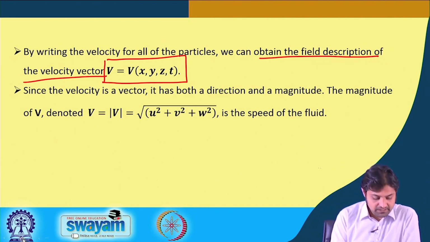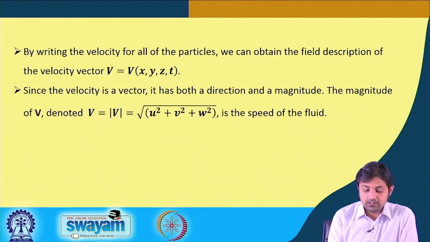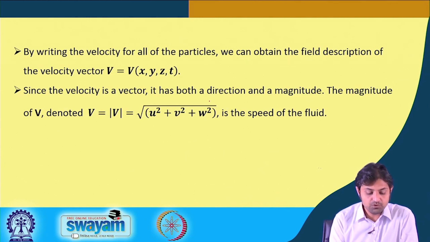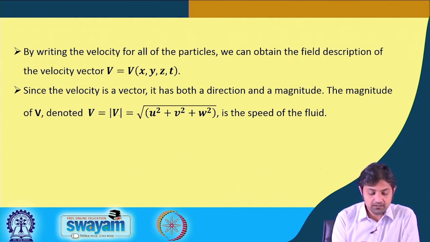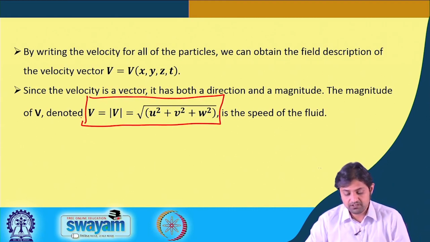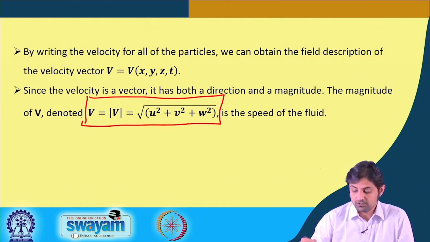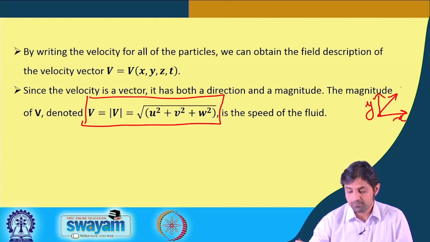Since the velocity is a vector, it has both a direction and a magnitude. This is the basic concept that you know from before. The magnitude of V is given by modulus of V equal to the square root of u squared plus v squared plus w squared. This is simply nothing but the speed of the fluid. So, assuming a particle has a velocity here, let us assume two directions, this is x and this is y.